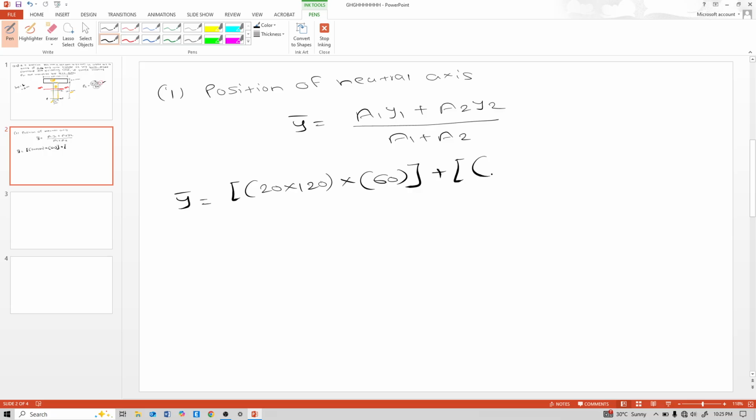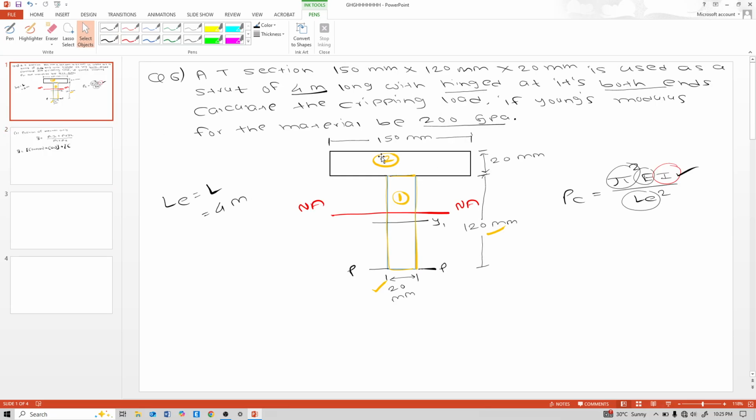plus a2. So see, a2 is this rectangle flange portion. So the area of that flange portion is, this is a rectangle, that means 150 into 20.